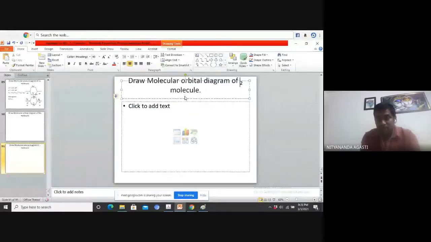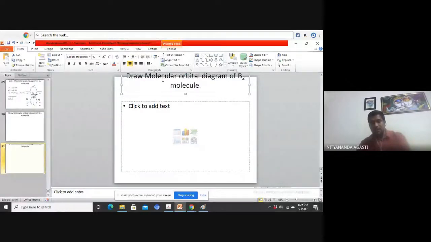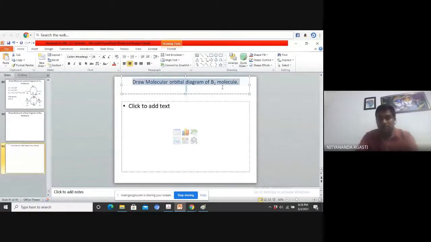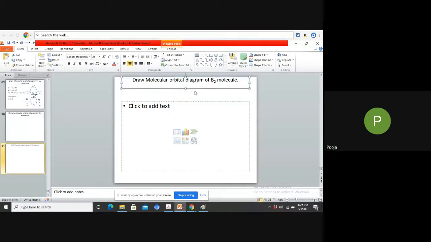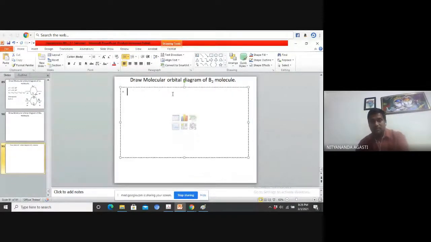I'm drawing boron, right? Quickly, because this needs time to explain a little more, and this needs space also. Is it visible? Because I have reduced the size of this. Please quickly tell me the steps. I'm not writing 5, it's confusing.